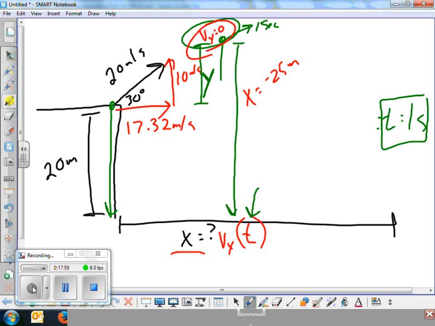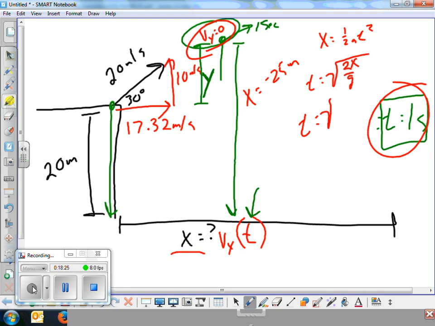Nice thing is we're still working with this, so we can just say again, x equals 1/2 at squared, because our drop v sub naught in the y direction is 0. So we can say that time is equal to the square root of 2x over little g, time for the second part of the fall, because we knew that it took 1 second to get up there, is 50, or -50, divided by -10. So the time to fall is the square root of 5.